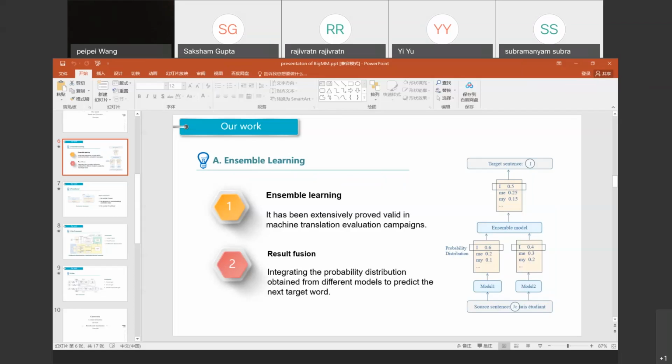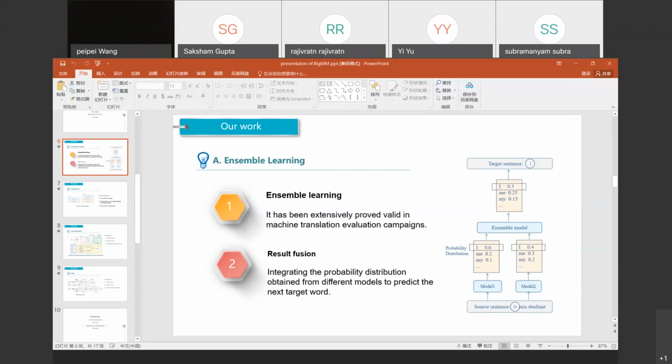Do you consider any weights between two models? I can't catch your question. I mean, in your example, you have two models. Do they share the same parameters or not? They can have the same parameters, and they can also have different parameters.